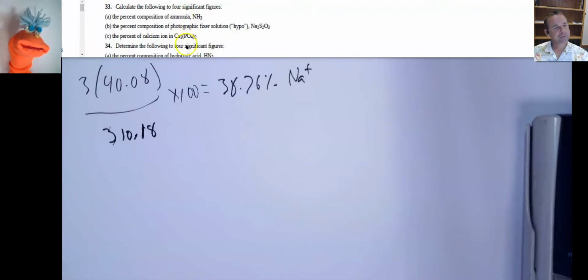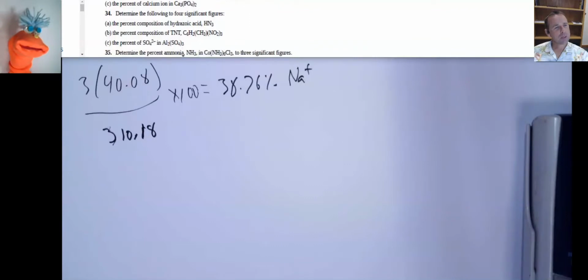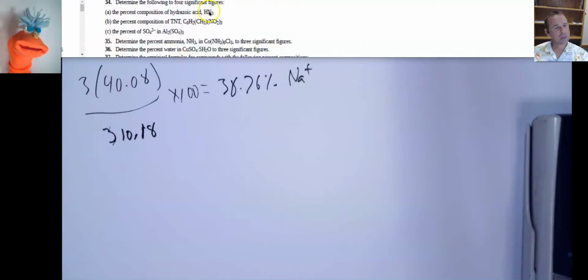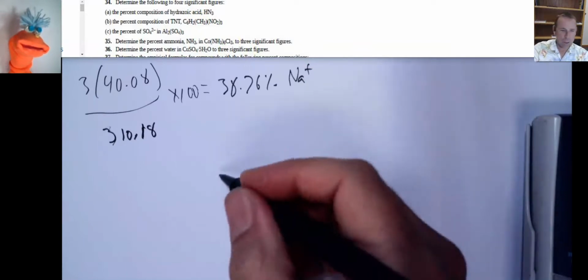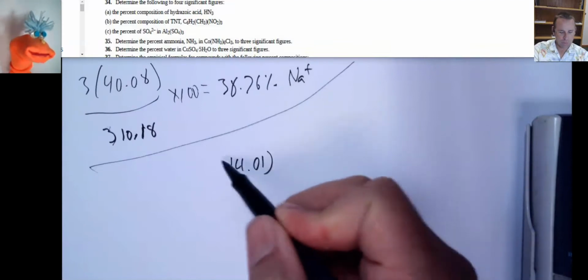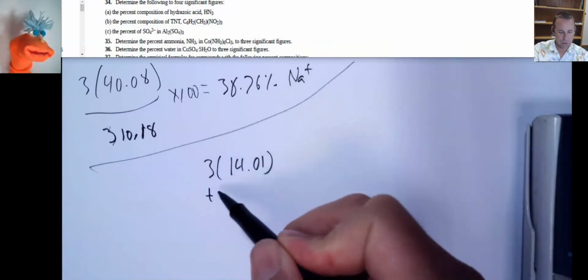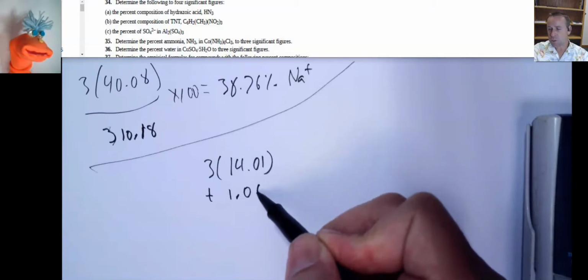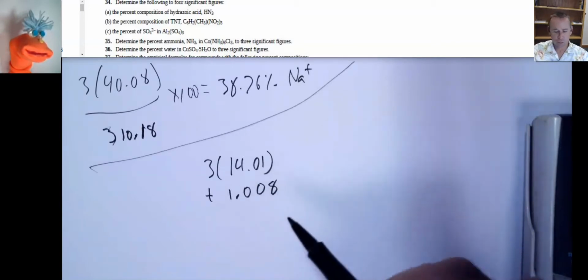Okay. So determine the following to 4 significant figures. The percent composition of hydrogen and nitrogen in hydrazoic acid, HN3. Okay, so here we have 14.01, that's our nitrogen. Times 3 plus 1.008.